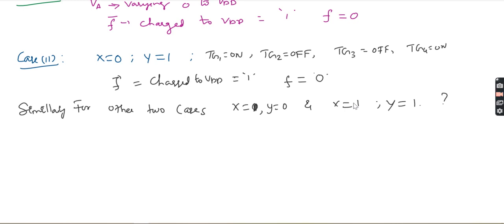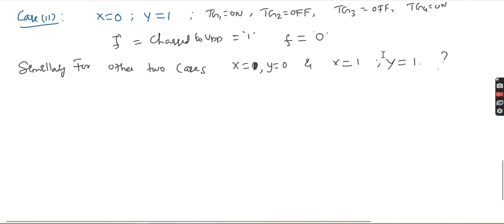Okay, so this is what we have seen. Now from this we can make a very important observation.